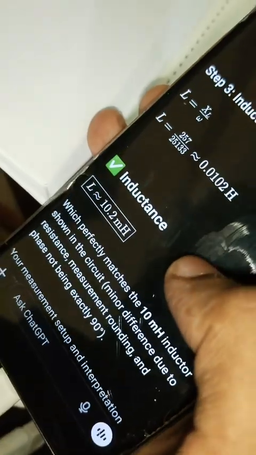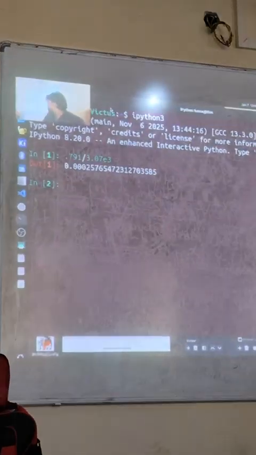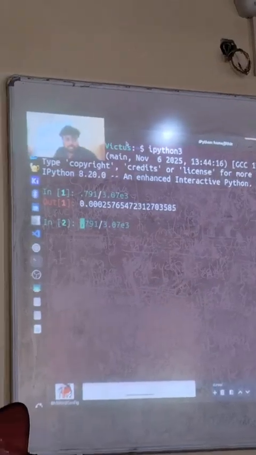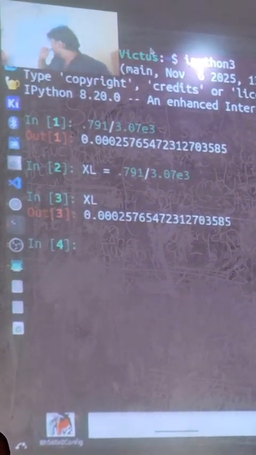10 mH. 0.00025, right? So let me store this as a variable. So this is my XL.